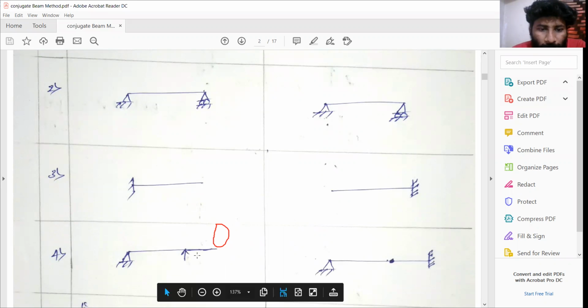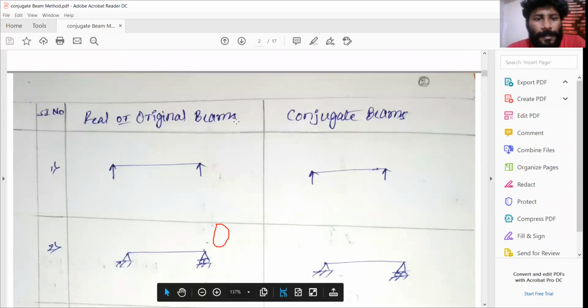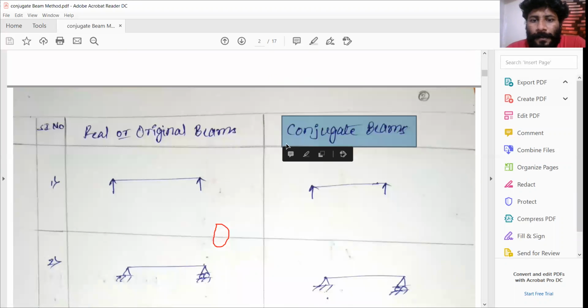Here we have a single overhang. Wherever we have a single overhang, the simple support will become an intermediate hinge, this free end will become a fixed support, and the hinge will remain a hinge. So here you can see the real or original beams converted into conjugate beams. The conjugate beam is an imaginary beam.